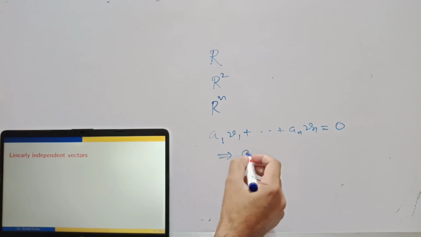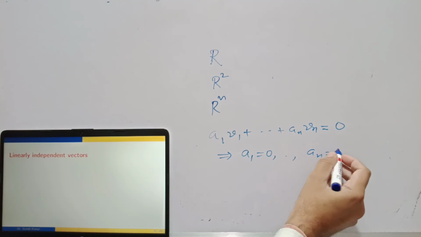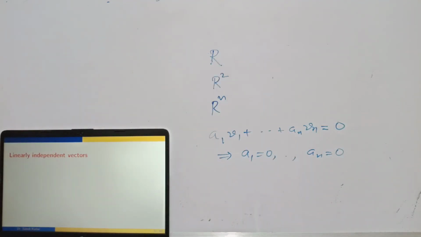If this implies only the trivial solution, meaning all the scalars are 0, then the vectors V1 to Vn are linearly independent. If you get solutions different from 0 also, meaning there exist non-trivial solutions, then the vectors are linearly dependent.